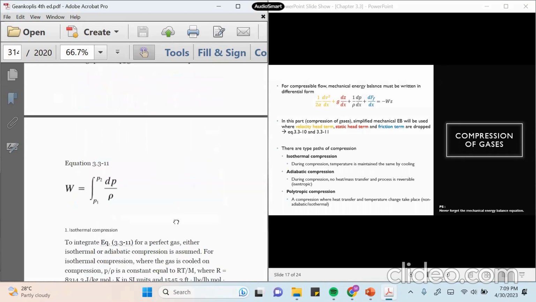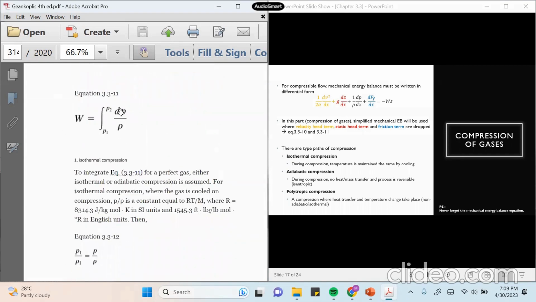Now, there are paths of compression. First is isothermal compression: during the compression, the temperature is maintained the same by cooling.